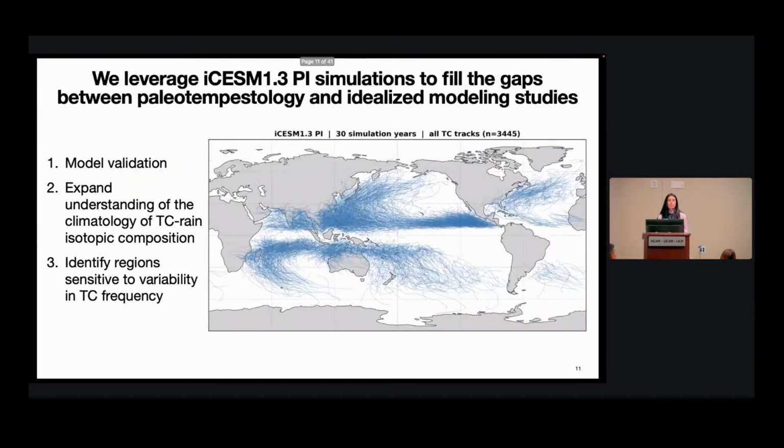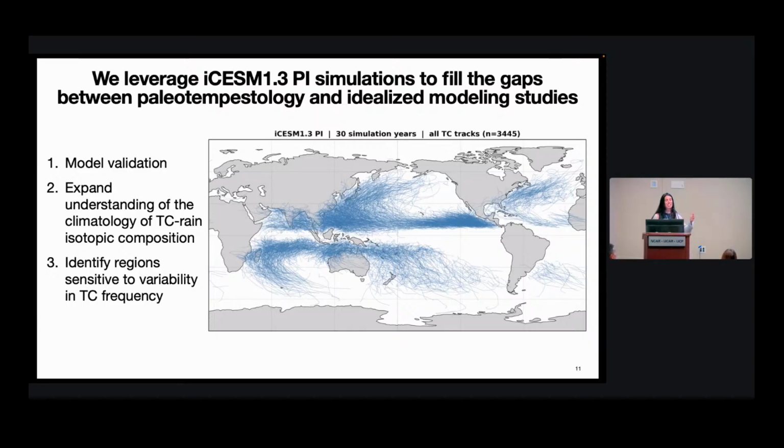So what I've been doing is leveraging these high-resolution isotope-enabled iCESM 1.3 simulations, which Betty mentioned yesterday, to fill the gaps between paleotempestology records and idealized modeling studies. There are 60 years that I have found out, but I have 30 years of track data that I'm going to talk through today.